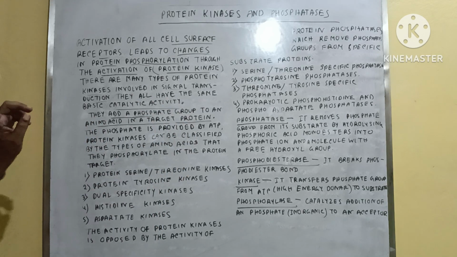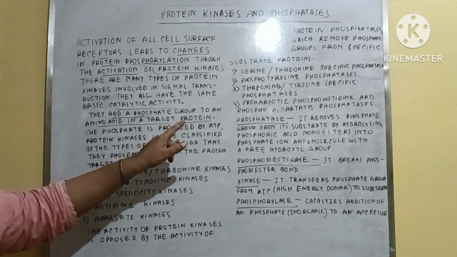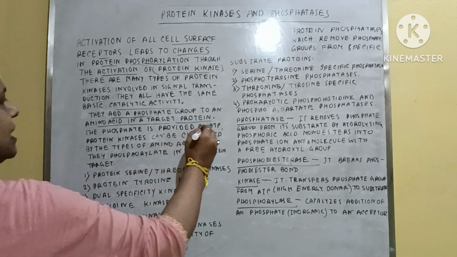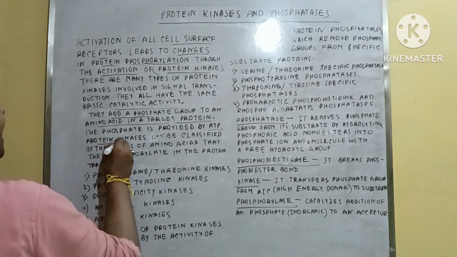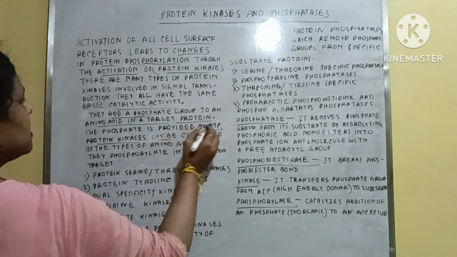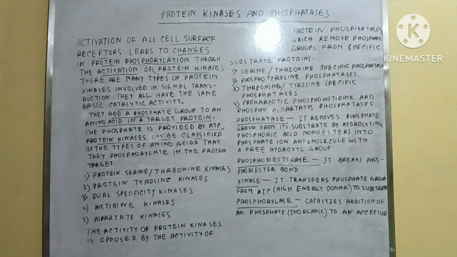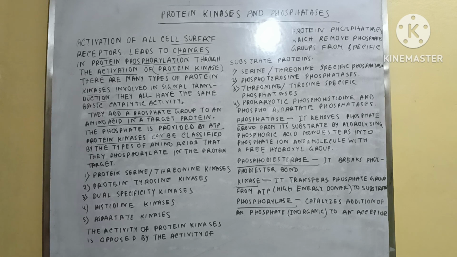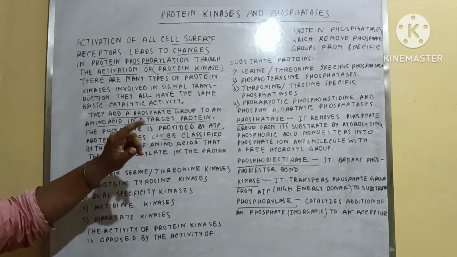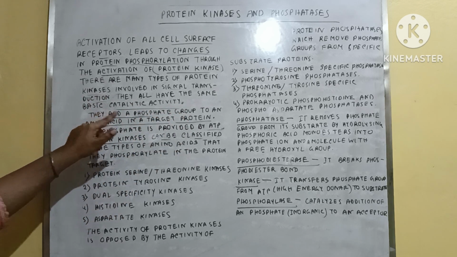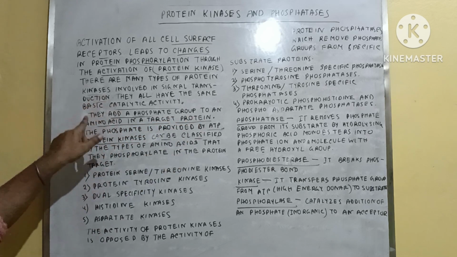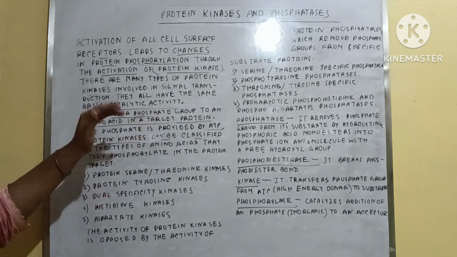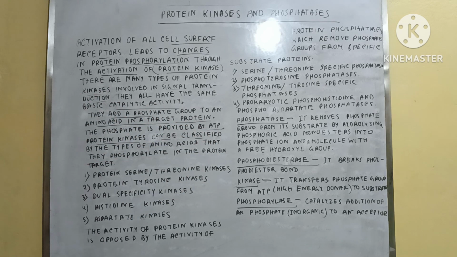And the phosphate group is provided by ATP. So these protein kinases just add the phosphate group to an amino acid in a target protein, and this phosphate group is provided by ATP.